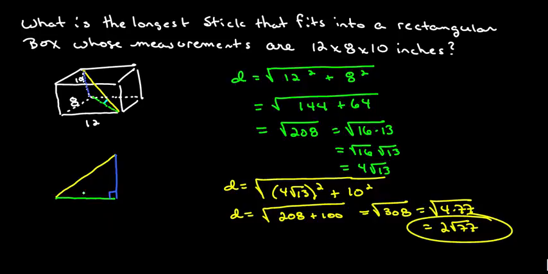Well, this length right here, we came up with 4 square roots of 13. And then we know this length here is 2 square roots 77. And of course, this length here is 10.